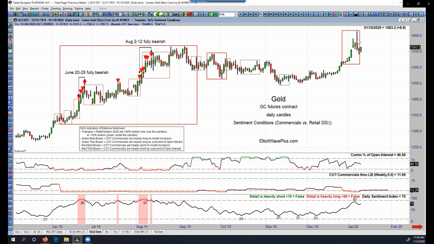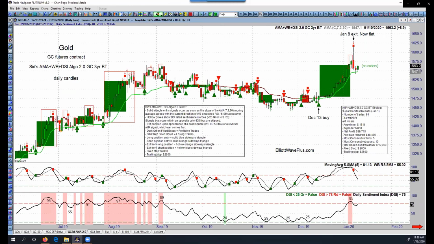Also, on the day of the spike, the DSI got all the way up to an 85. And if you look at my momentum algo, if the DSI, which is Daily Sentiment Index, is higher than 78 in gold, in other words, if more than 78% of retail traders are bullish, the algo, based on backtesting, will refuse to take any new long signals. And it indicates it's getting very stretched, and the upside may be somewhat limited from there.